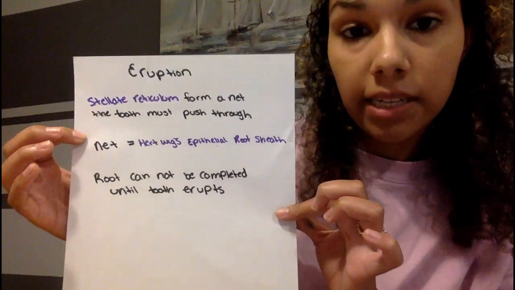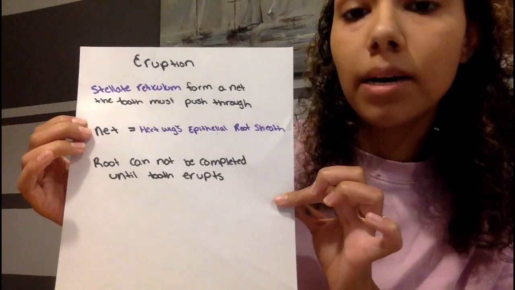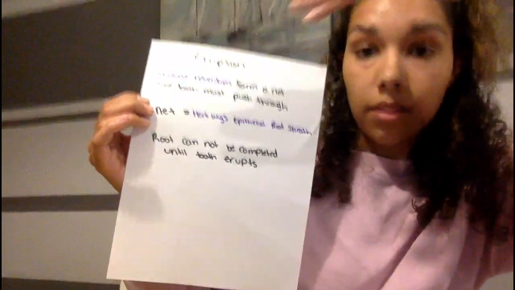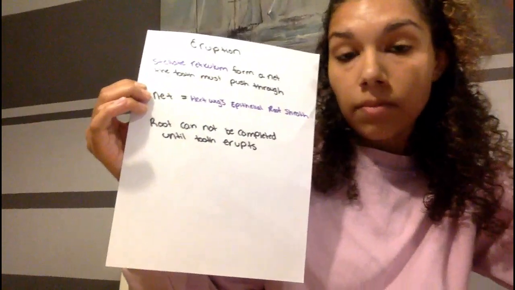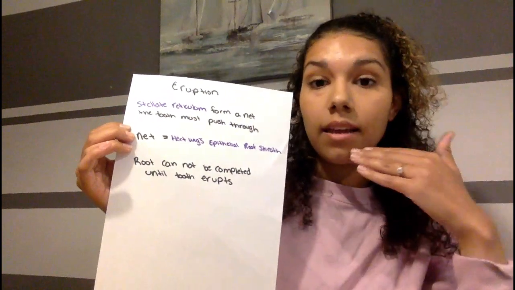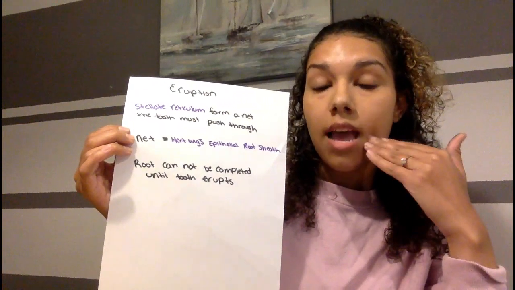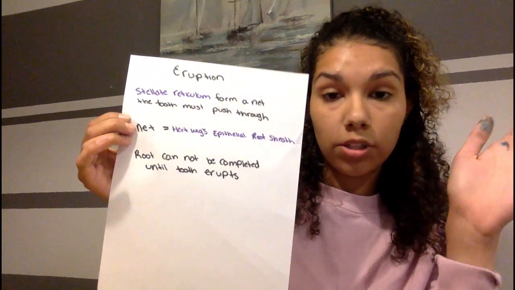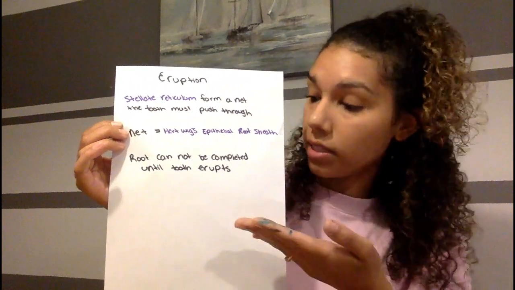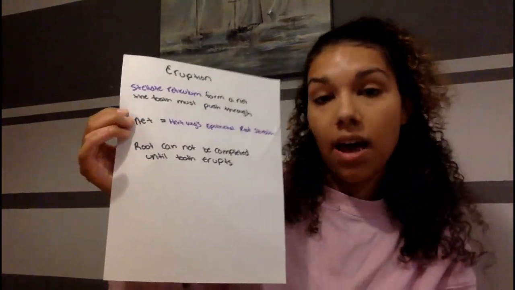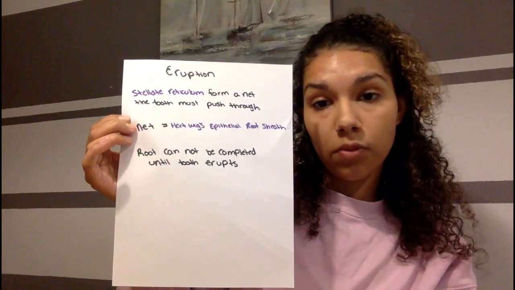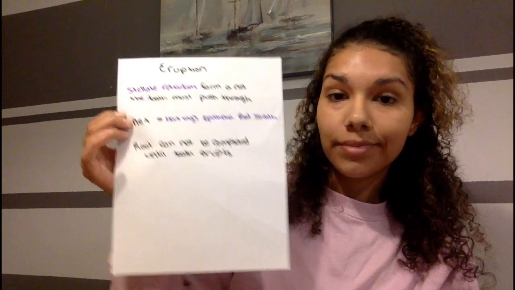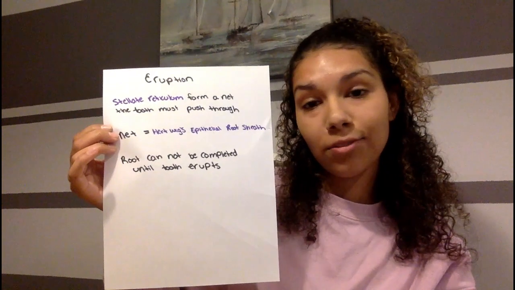So the stellate reticulum forms a net the tooth must push through. The ameloblasts push it all the way up till it's out of the tooth, and then it forms a net in the gums, and that is what the tooth has to dissolve and push through in order to erupt. Once it erupts completely, we have enough room for the root to form and be finished. And then they have little teeth around 6 months old.